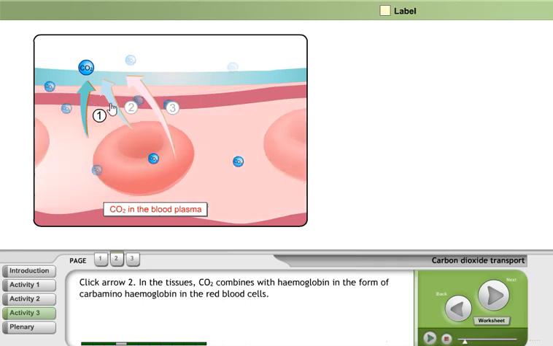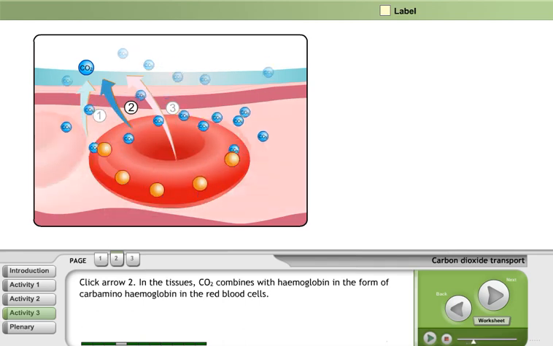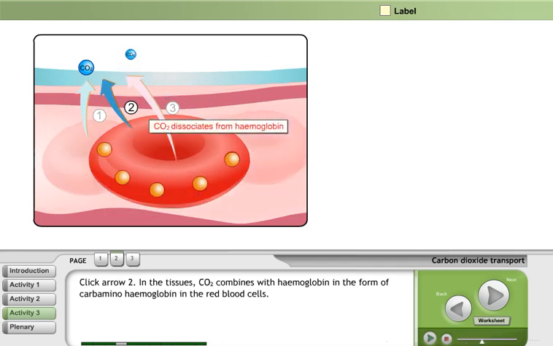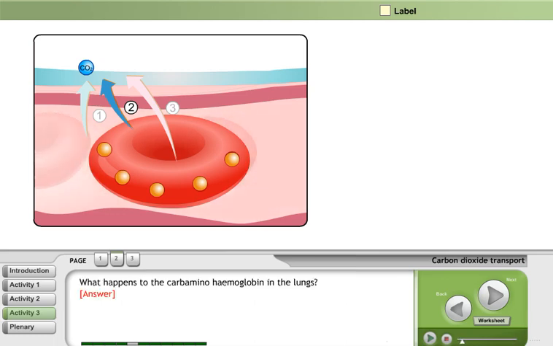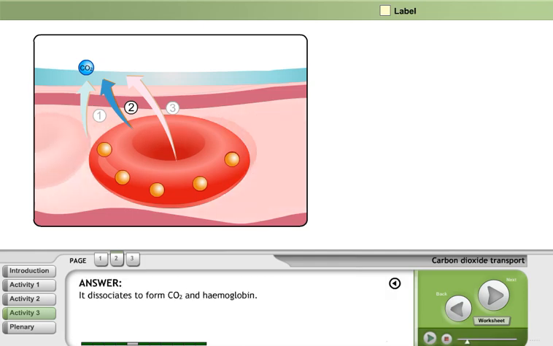Click arrow 2. In the tissues, carbon dioxide combines with the hemoglobin in the form of carbaminohemoglobin in the red blood cells. What happens to the carbaminohemoglobin in the lungs? Answer: it dissociates to form carbon dioxide and hemoglobin.